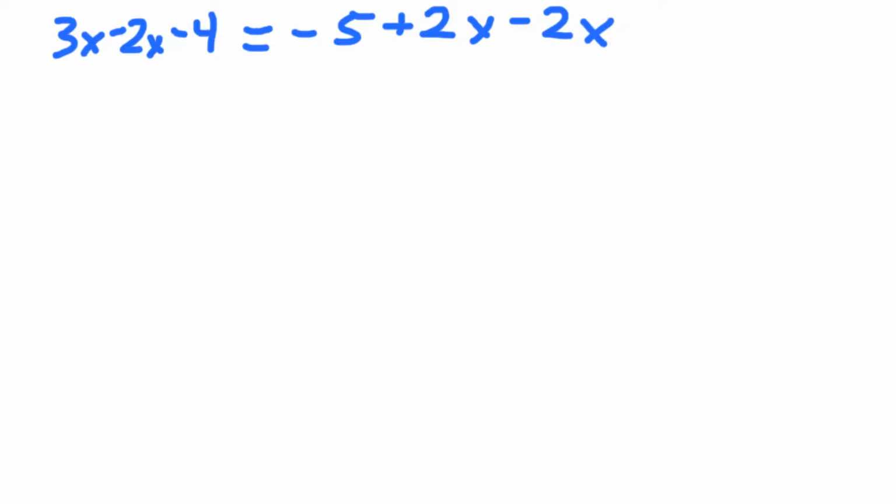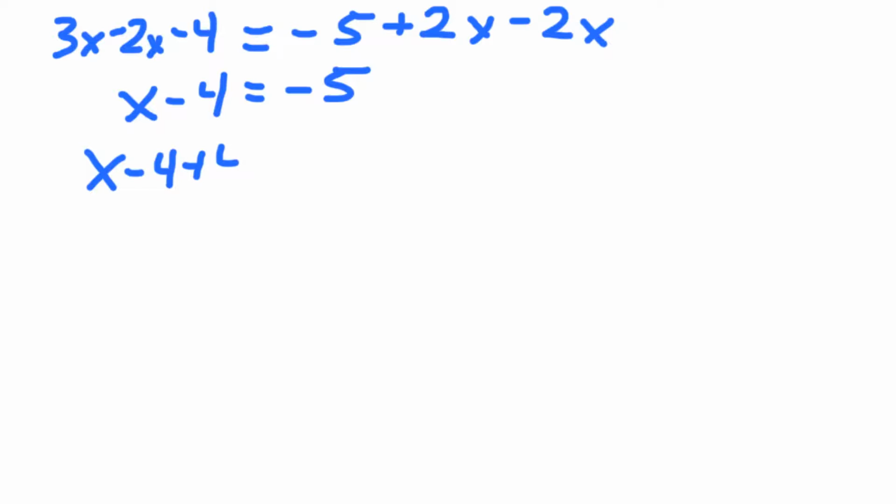So on the left we end up with x minus 4 equals negative 5 plus 0. So we'll just leave the 0 off. Now I'm going to add 4 to both sides, so I have my x alone. So x minus 4 plus 4 equals negative 5 plus 4. So x equals negative 1. Super.